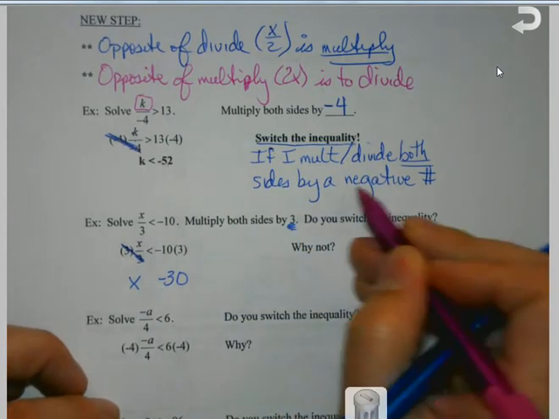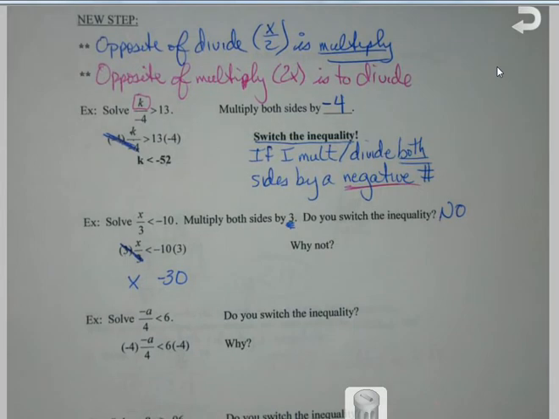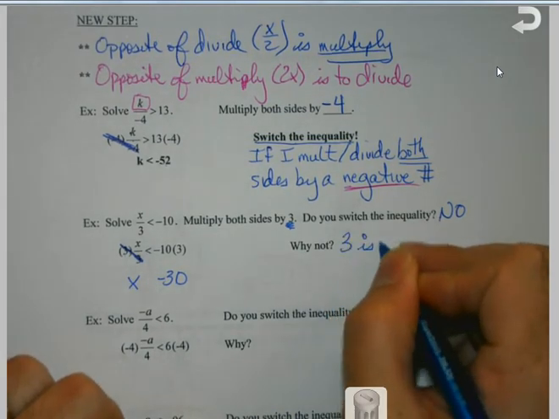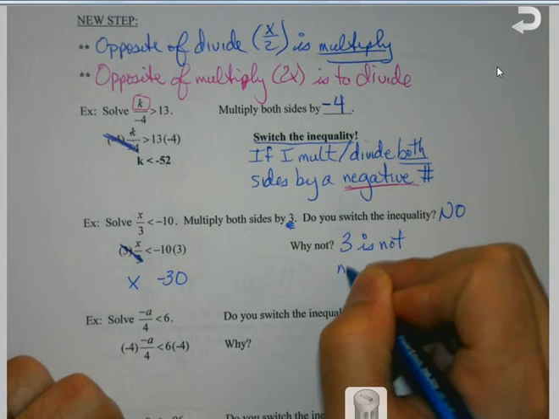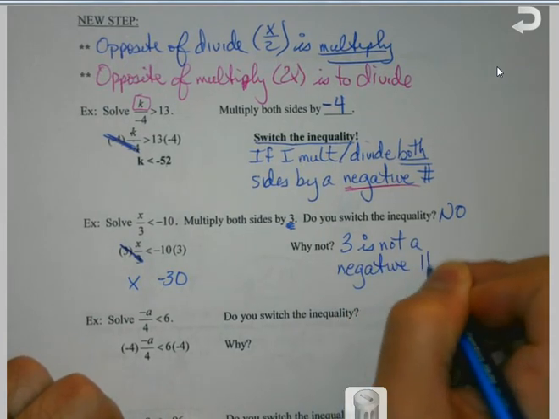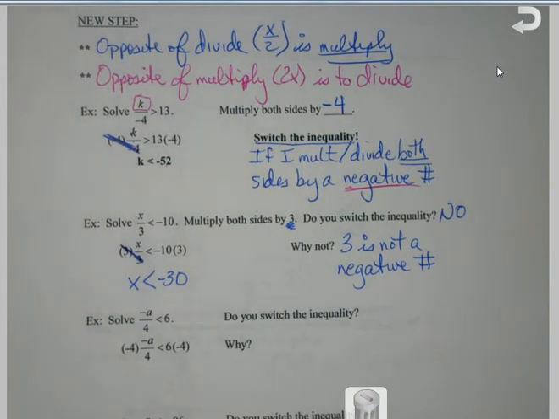That's not a negative number. So no, I don't switch the inequality, because 3 is not a negative number. The only time I'm going to switch the arrow or flip the inequality is if I multiply or divide both sides by a negative.